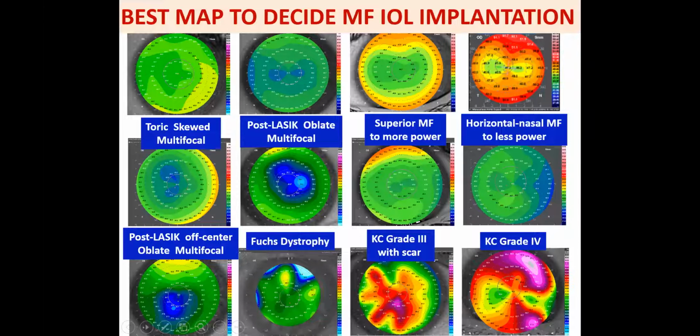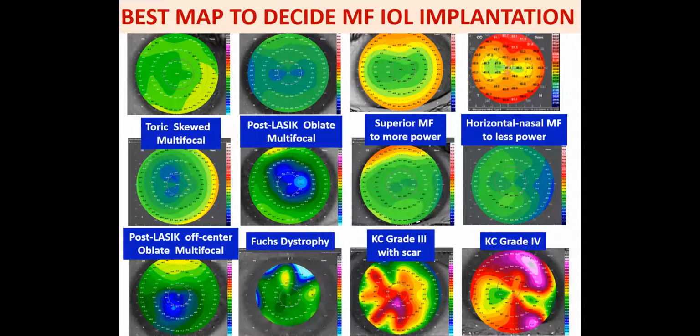This map represents the optics of the cornea. So I will challenge anybody who wants to implant a multifocal premium IOL in this kind of cornea. But now with these maps, we have a very easy way to see how is the optics of the cornea.